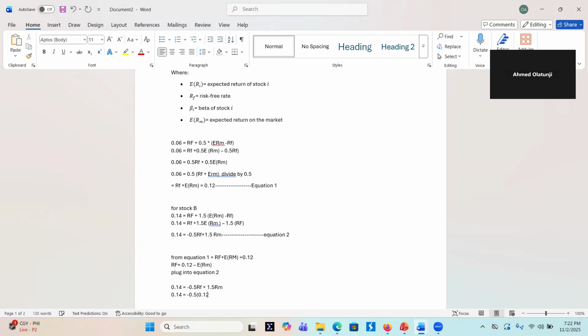Your RF is 0.12 minus your ERM, plus 1.5 ERM.